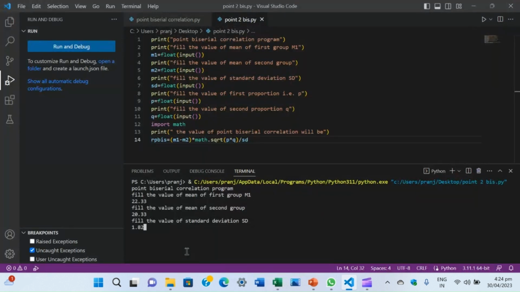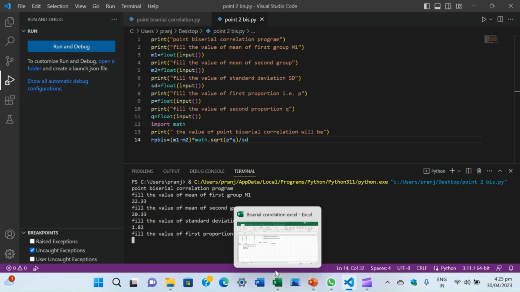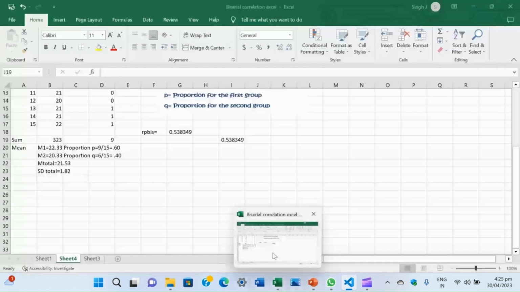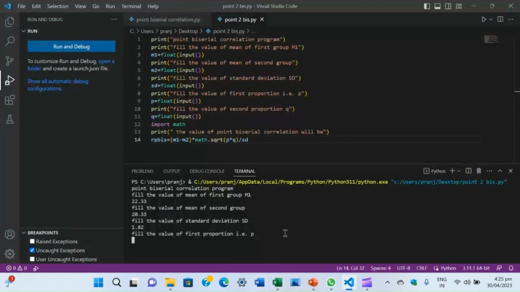So we fill the value 1.82 for standard deviation, and now it appears, fill the value of the first proportion p. The first proportion p is 0.60, and the second proportion q is 0.40. So we enter this value.